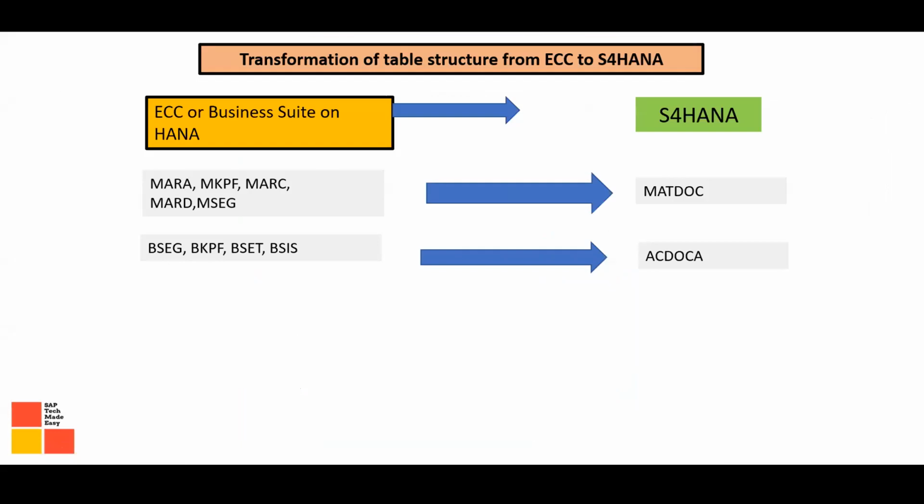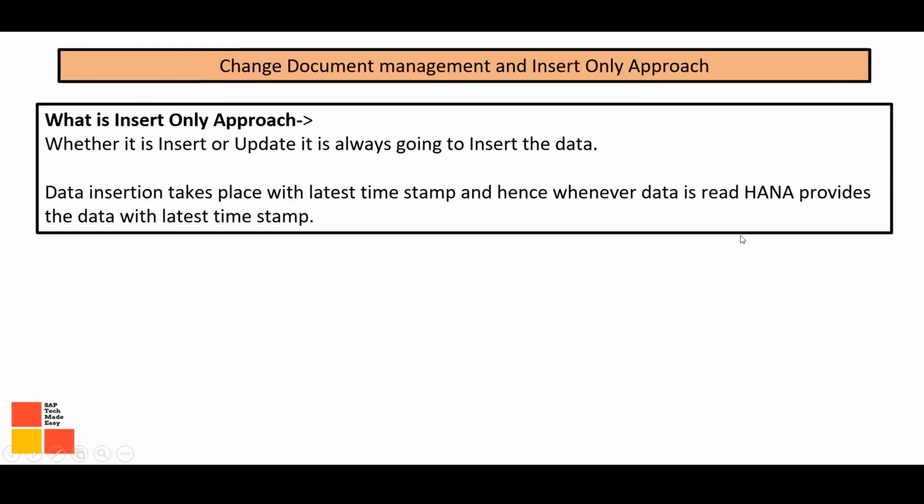Then the transformation of table structure from ECC to S4 HANA: many tables, around 20 plus tables related to material management in ECC or business suite on HANA, got converted into a single table, MATDOC, in S4 HANA. See how it got simplified. Similarly, from finance, these tables got converted into the ACDOCA table.